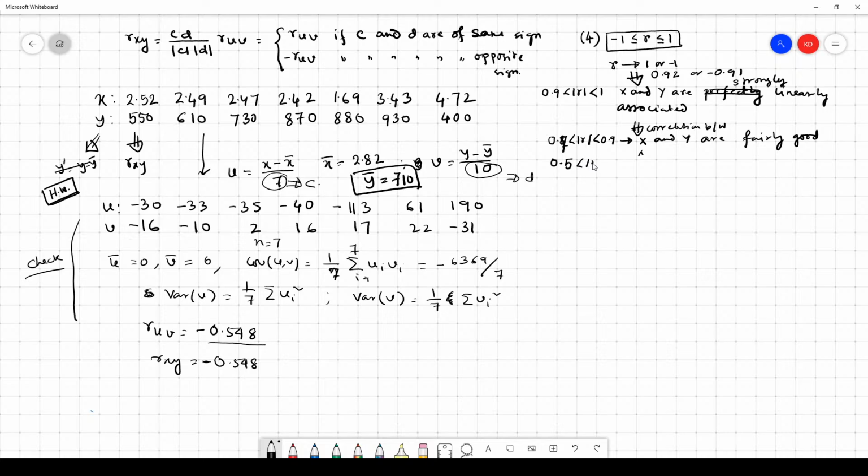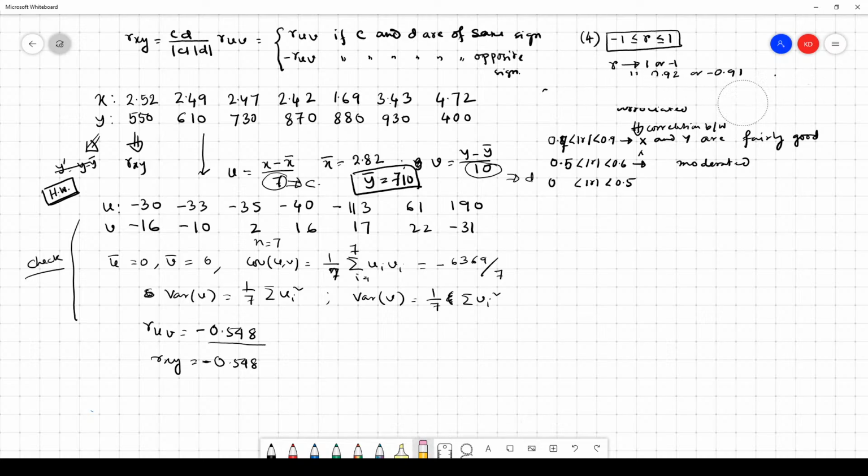When mod R is 0.5 to less than 0.6, it is a moderate relationship. A little bit I want to change the range.